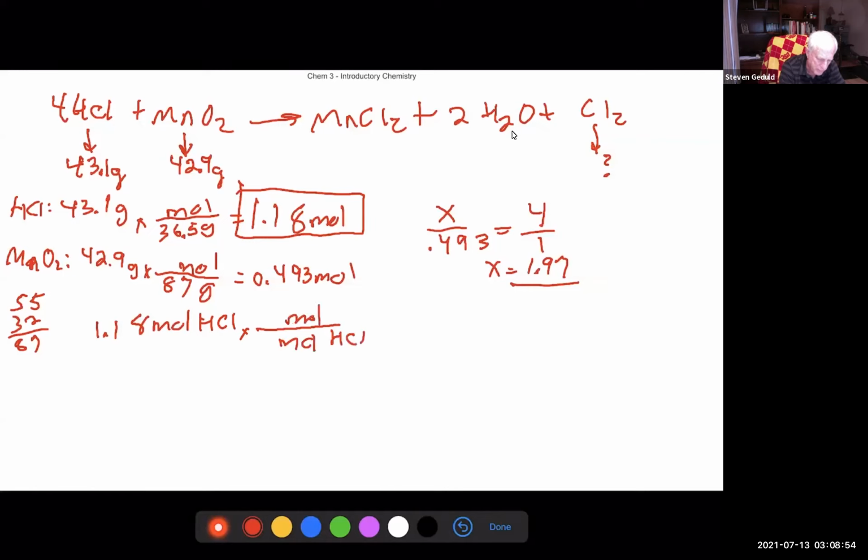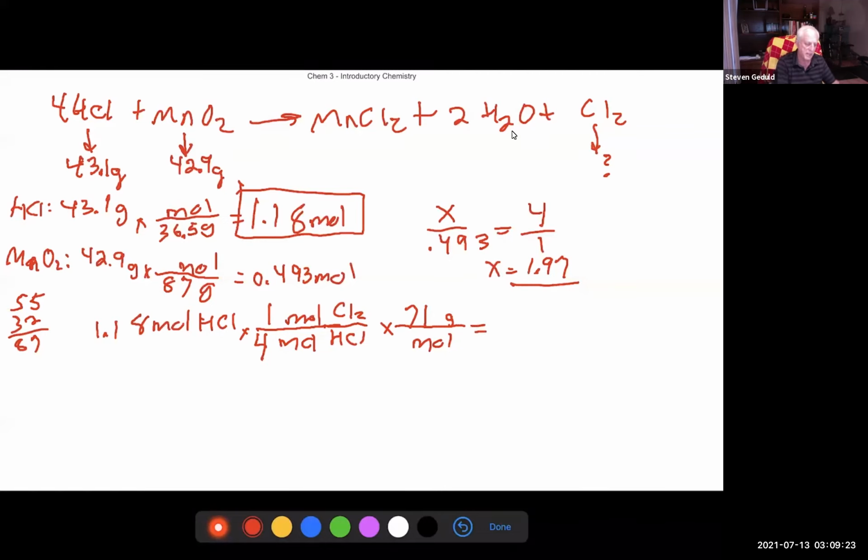Moles of Cl2 is 1, moles of HCl is 4. And then I want grams per mole of chlorine, which is Cl2, 35.5 doubled is 71.